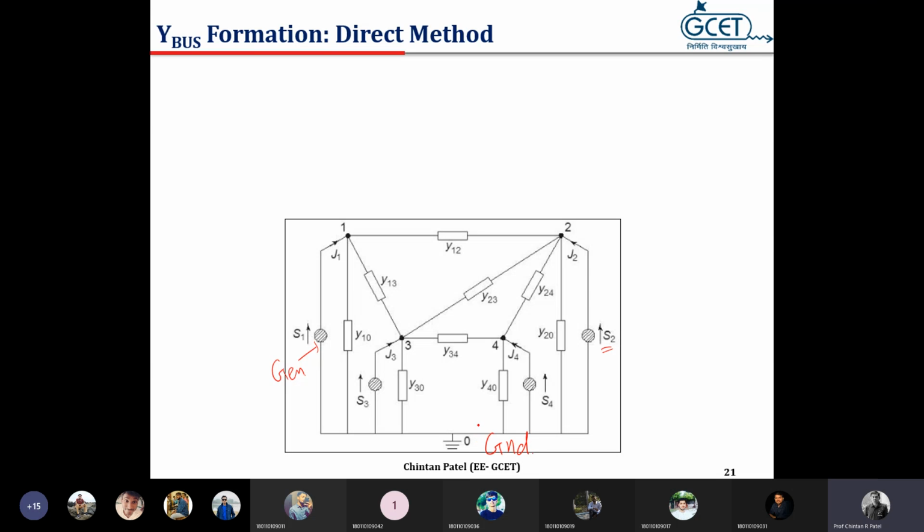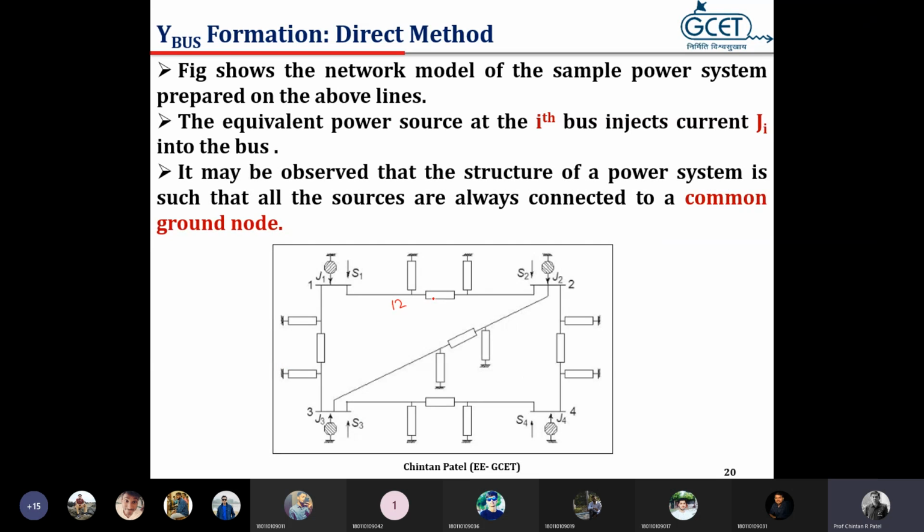Now let's consider the interbus connections. So between bus number 1 and 2, there is an impedance Z12, but we have shown Y12 between 1 and 2. So in the earlier diagram, this shaded part is the series parameter. So it is Z12.